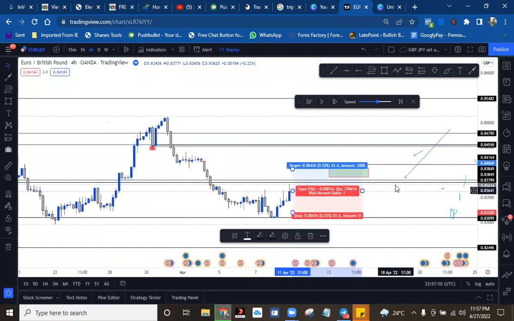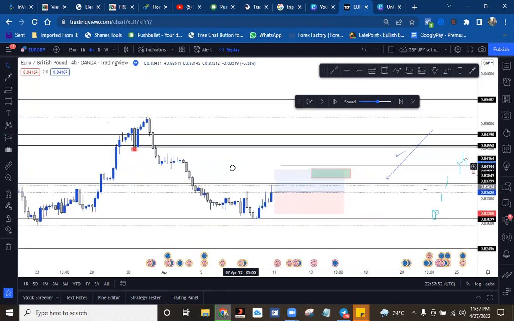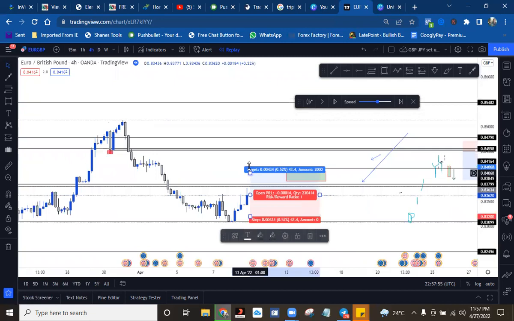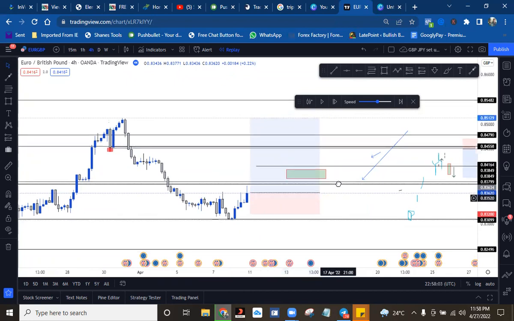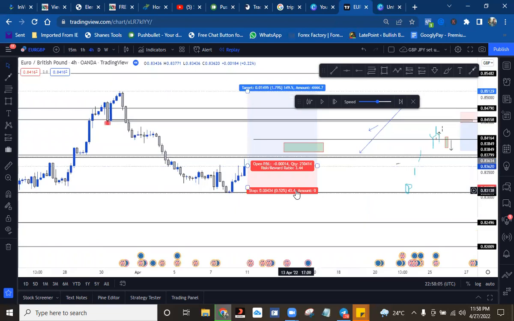If you put it here, you're going to have this here. So with this, you can know how much you're targeting. Let's say, for instance, I want to target all the way from here. Okay. So I'm targeting 149 pips, as you can see here. And then I want to set a stop loss of just 20 pips. Okay.